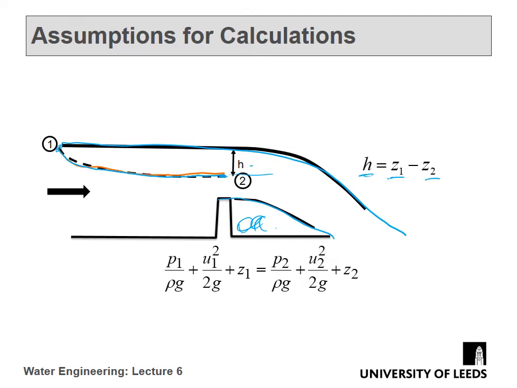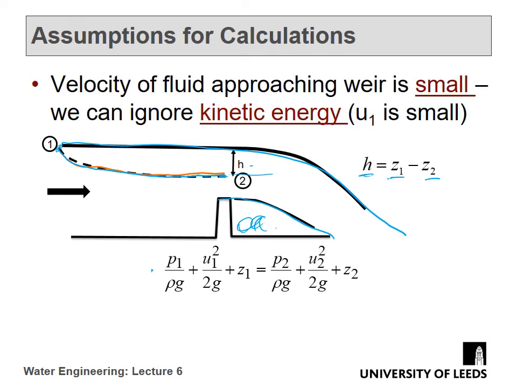We'll apply the Bernoulli equation along this streamline, and we're going to put some approximations in. We're saying, as an approximation, that the velocity at point 1 is very slow compared to the velocity going over the weir.